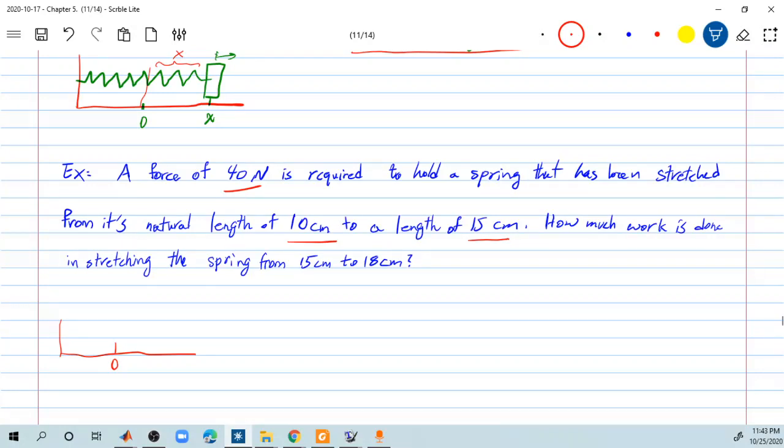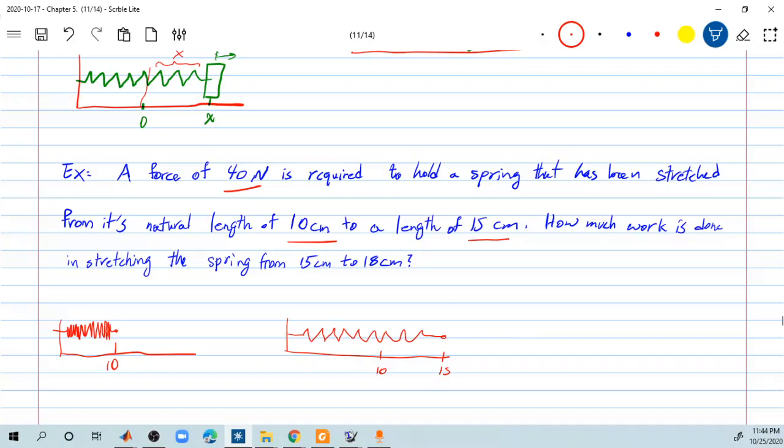In this case, 10 centimeters is the original length of the spring, and if you stretch it to 15 centimeters, the spring, which was originally closed, opens up. So from 10, it's been stretched to 15.